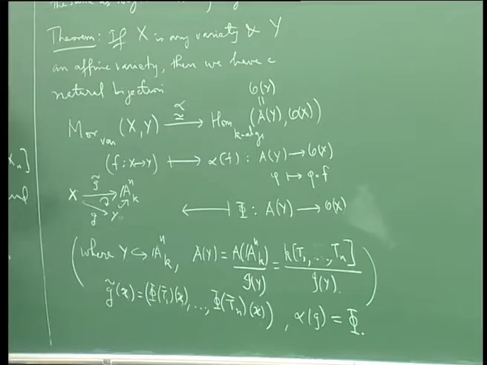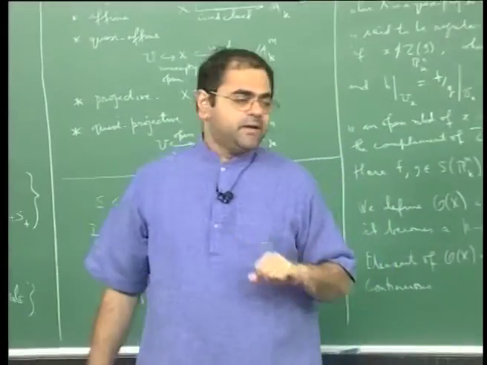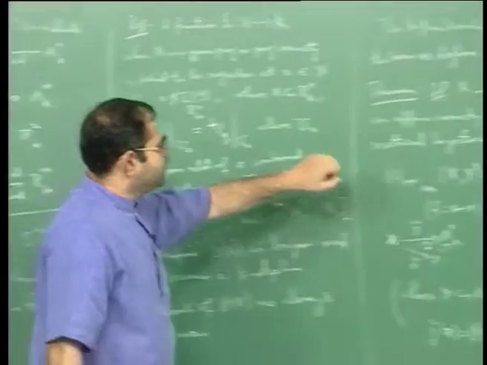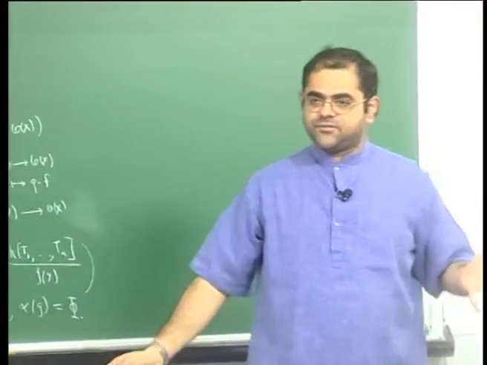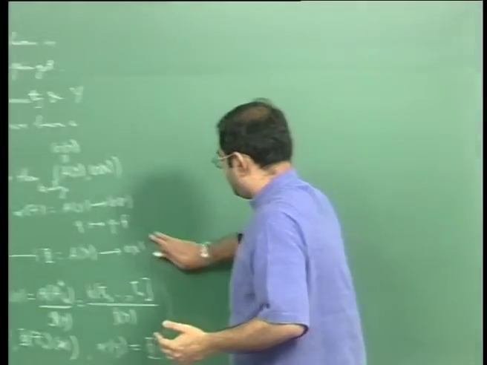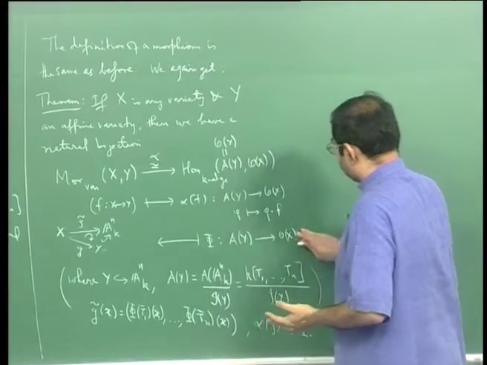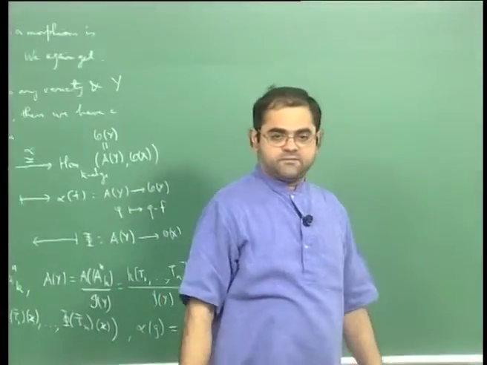So this is the inverse map, alpha inverse, and this is how we got this bijective correspondence. You can check that the whole proof goes through if you allow X also to be a quasi projective or a projective variety, there is no difference. The proof really did not depend on the fact that X was affine or quasi affine.